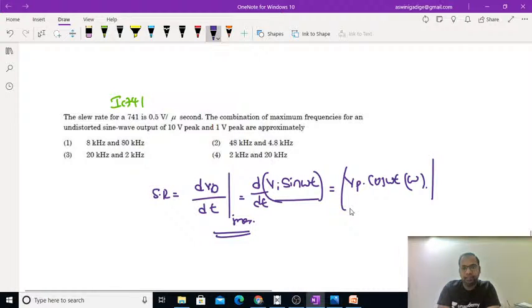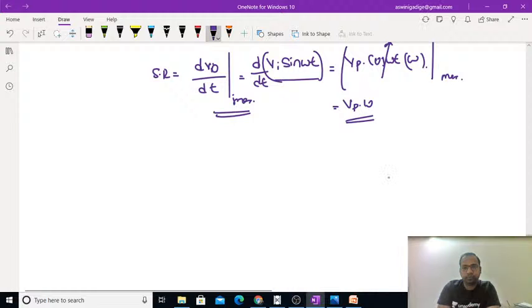If I take this as a maximum, then cos omega t becomes equal to 1, then I will get Vp into omega. So slew rate is equal to Vp into omega, which is 2 pi f. So the frequency f can be taken as slew rate divided by Vp into 2 pi.